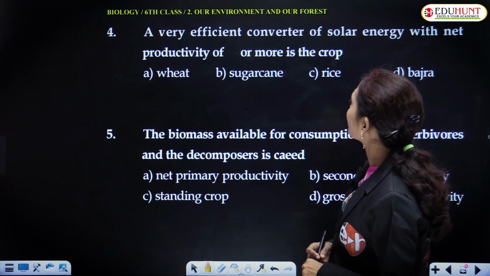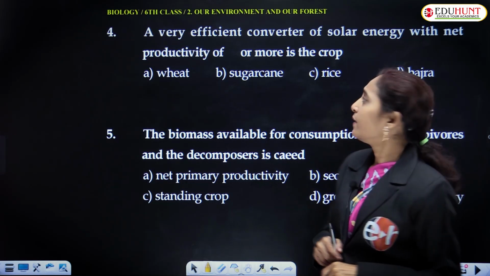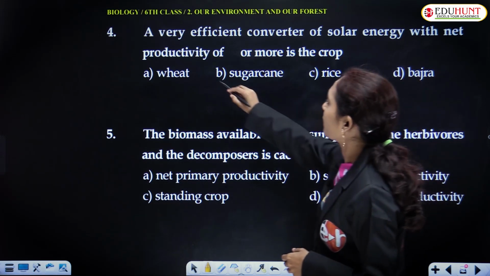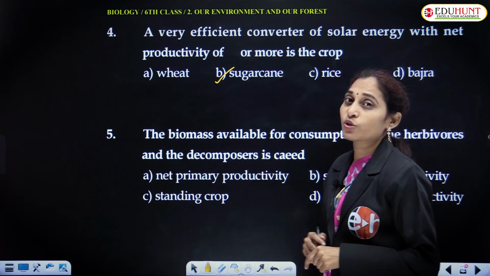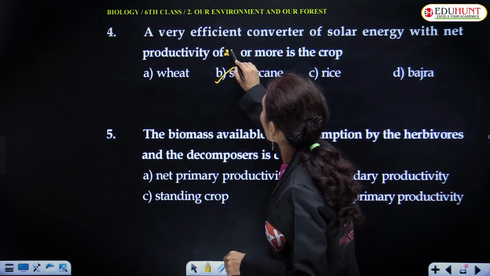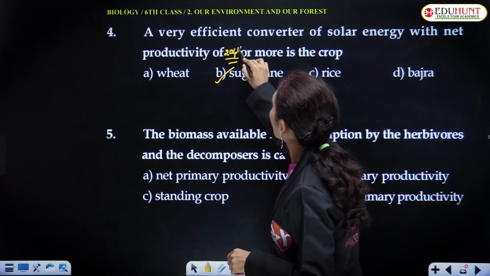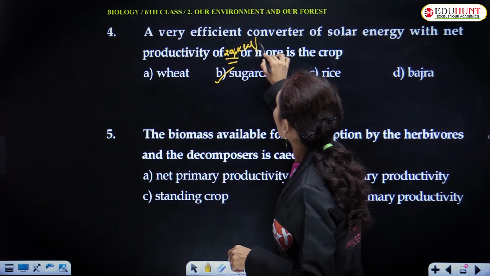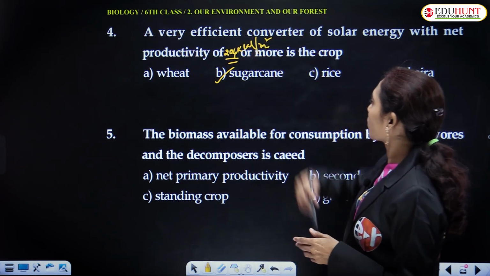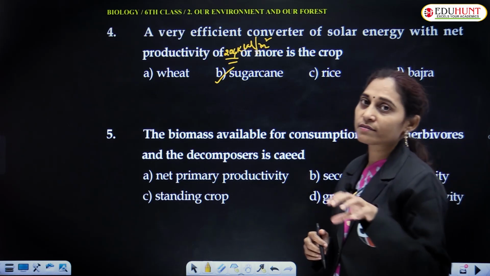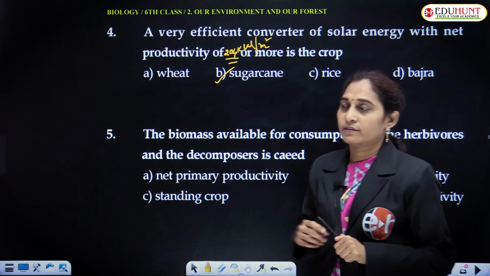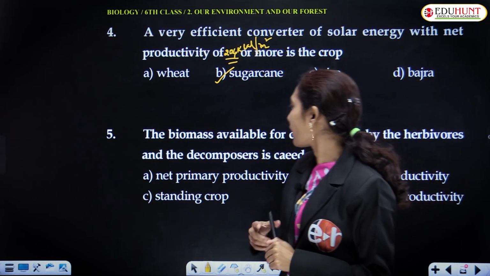A very efficient converter of solar energy with net productivity is the crop sugarcane. Remember this. It is 204 kilocalorie per meter square. They fix this amount of energy per meter square.